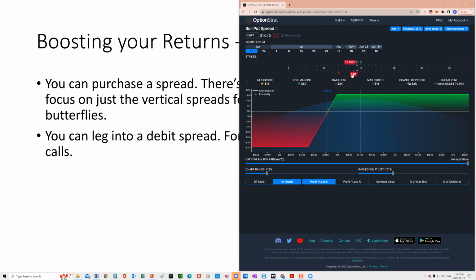Or you can sell a put credit spread. So you're selling the 14 and you're protecting yourself by buying the 13.50. Your max loss would be $34. Your credit would be $16, and you're using significantly less margin. But it is risky, okay?